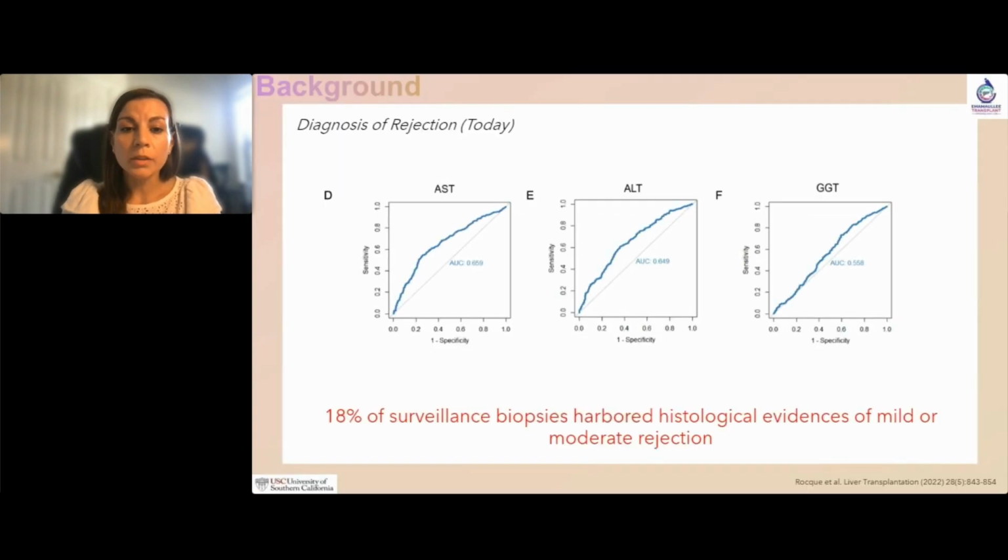And more importantly, when we look at the ability of these liver function tests to predict rejection, their accuracy was pretty low. Finally, 18% of surveillance biopsies performed in children without signs or symptoms of rejection harbored histological evidence of mild or moderate rejection.